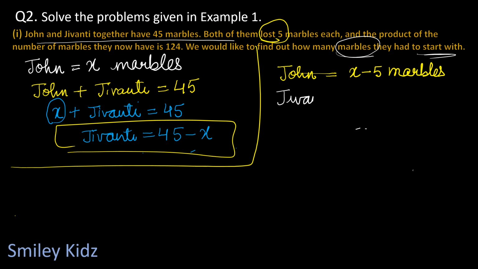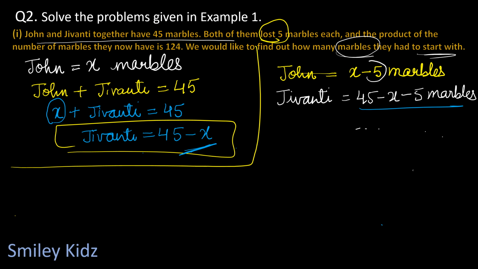Jivanti will have 45 minus x minus 5 marbles with her. Jivanti initially had 45 minus x marbles. When she lost 5 marbles, she'll have 45 minus x minus 5. I have simply subtracted 5 marbles from the initial marbles of John and Jivanti.